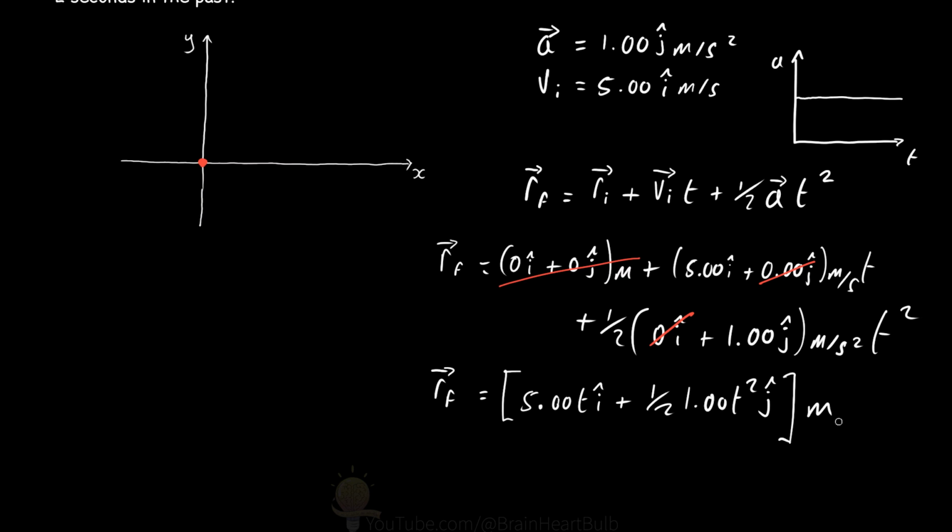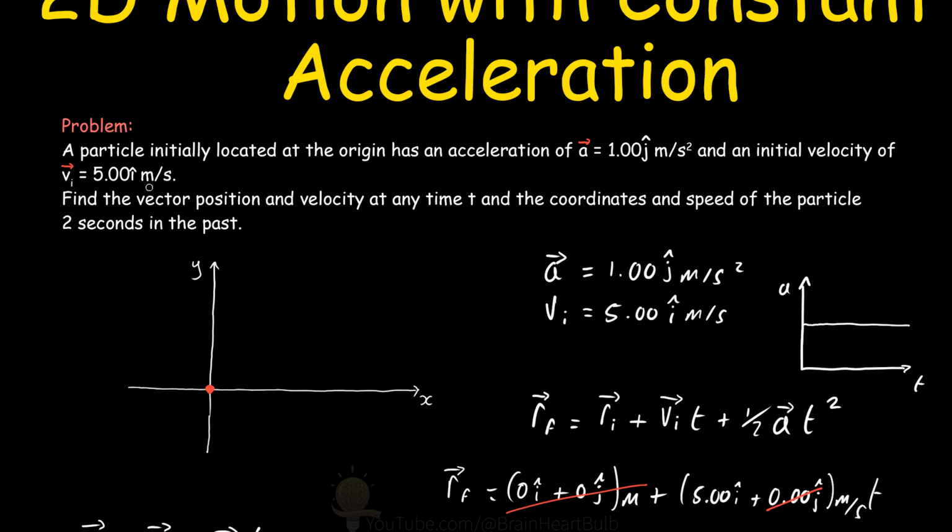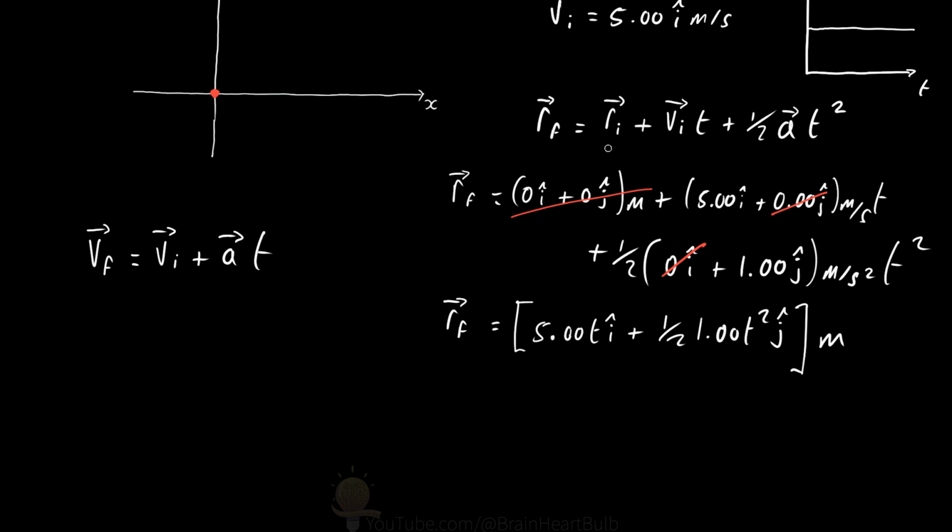There's another equation of motion that we can use, which gives us the final velocity at any point in time, which is equal to the initial velocity plus the acceleration multiplied by time. And again, we've got our initial velocity here and our constant acceleration, and we can just plug these in.